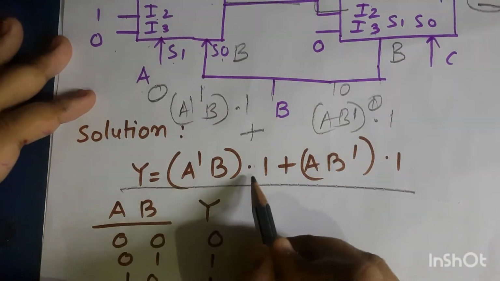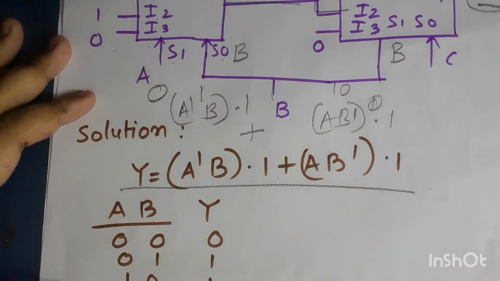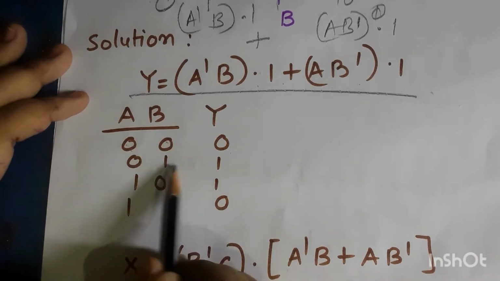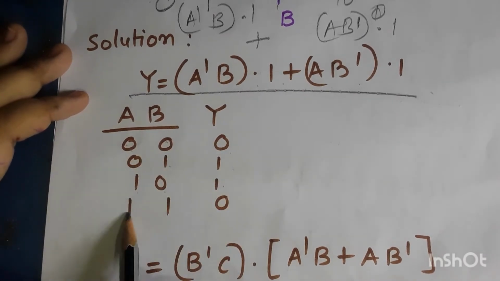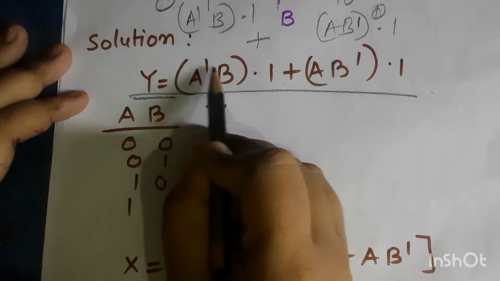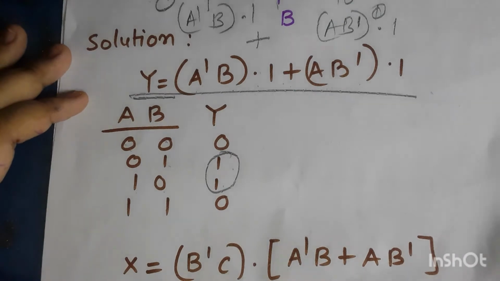So A dash B dot 1 plus A B dash dot 1. Actually, we can write it as A B: 0 0 gives 0, 0 1 gives 1, 1 0 gives 1, 1 1 gives 0. So Y is coming as A dash B plus A B dash.